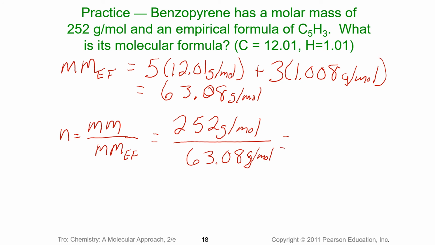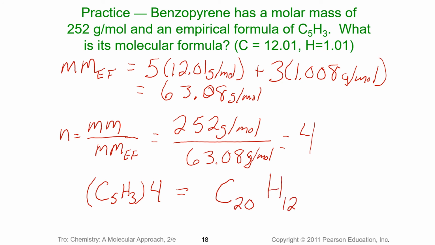That gives us a multiplication factor of 4. So our C5H3, we have to multiply those subscripts by 4. C20H12 would be our molecular formula.